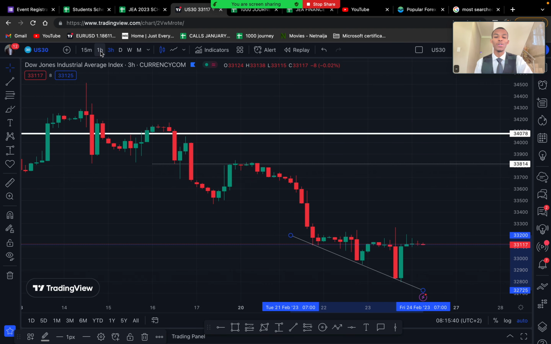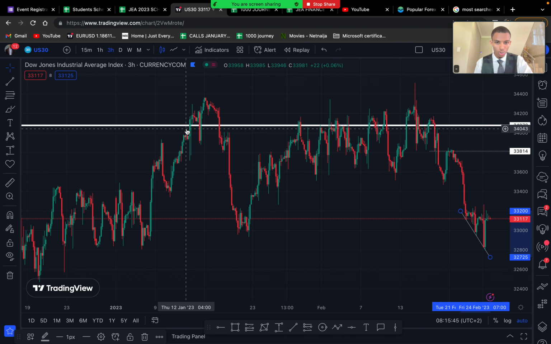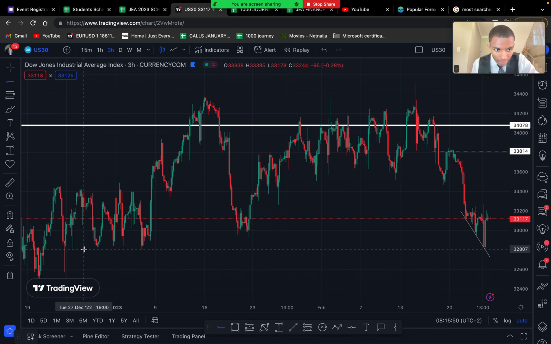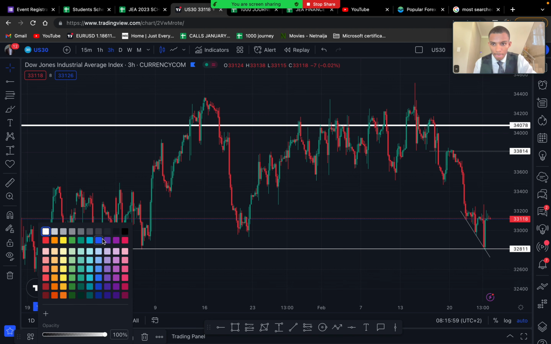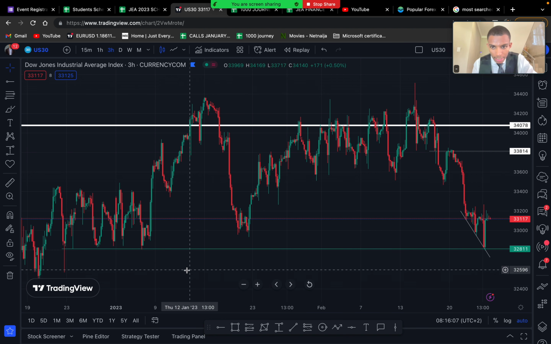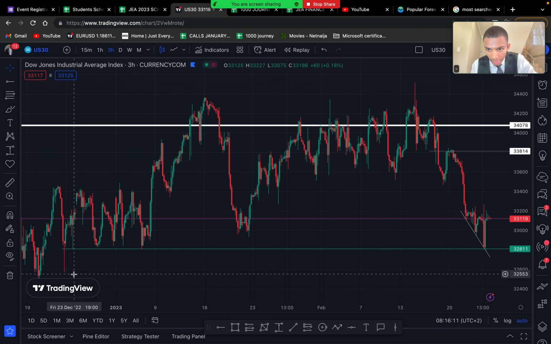So now we're gonna go to the 1 hour chart. But before I go to the 1 hour chart, let's also check the vertical trend line. Did it also reject at the very same times? So here we know 19 o'clock rejected. Here 16 o'clock rejected, and here again 16 o'clock rejected.